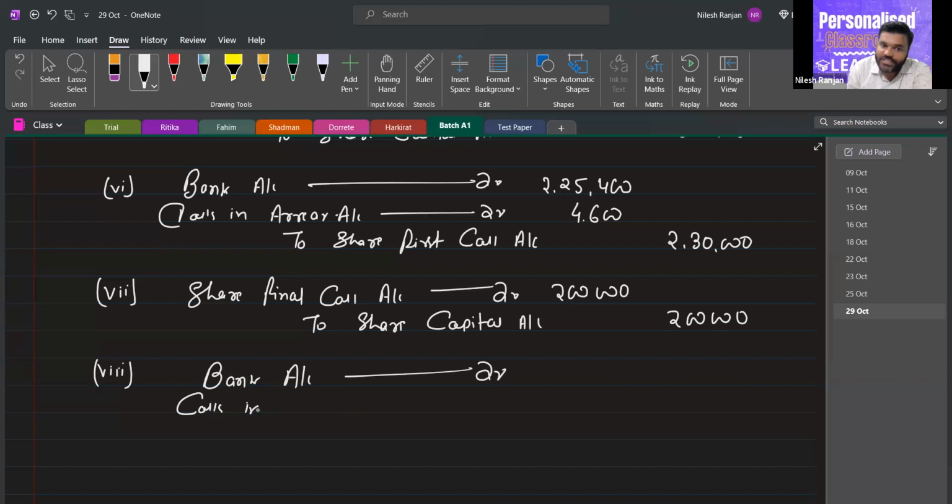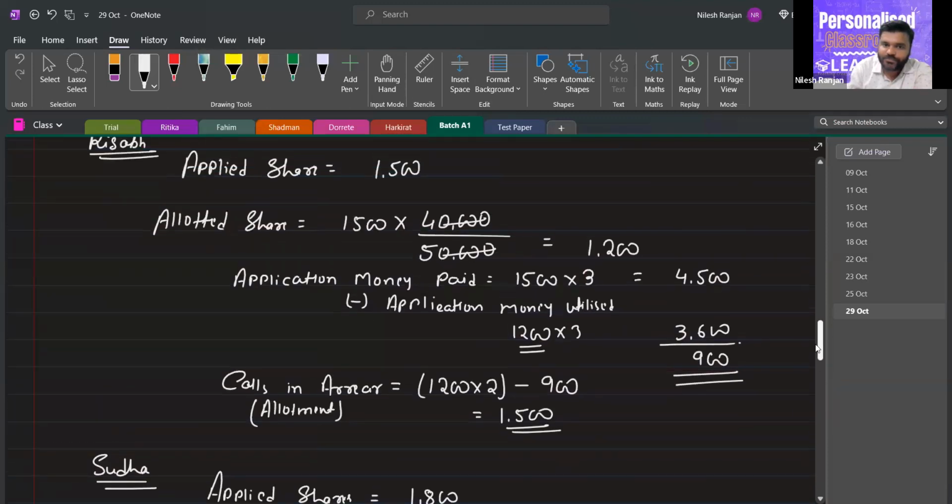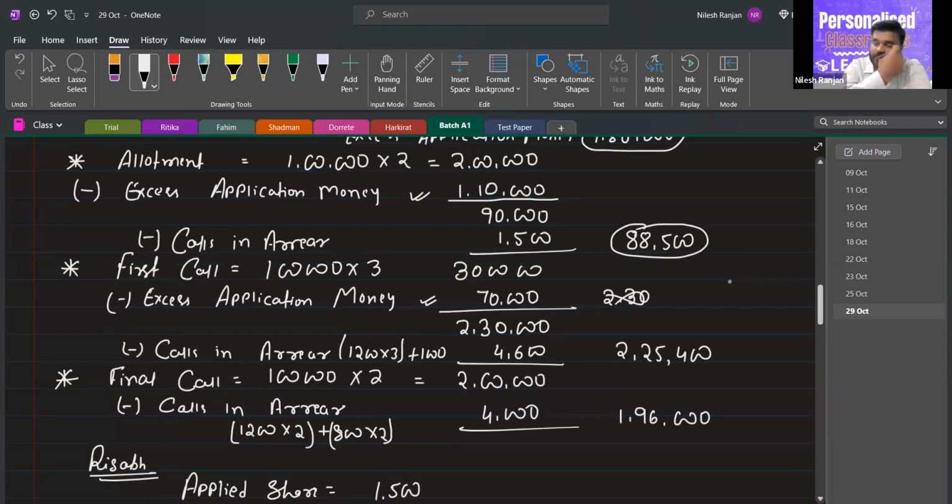If you understood the previous entry, you will be able to give the answer of this one. I can show you the calculation also. Tell me, we don't have enough time.